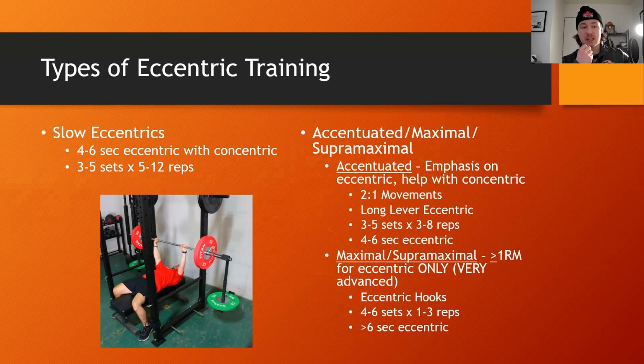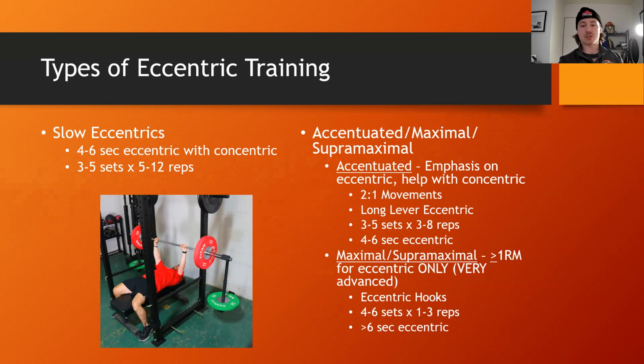So you're basically able to eccentrically overload tissues on a single limb. The long lever eccentric is where you're basically increasing the lever length on the eccentric and then decreasing it on the concentric. I'll show a couple examples in the next slide. But let's say one of the exercises I use is for the abs.